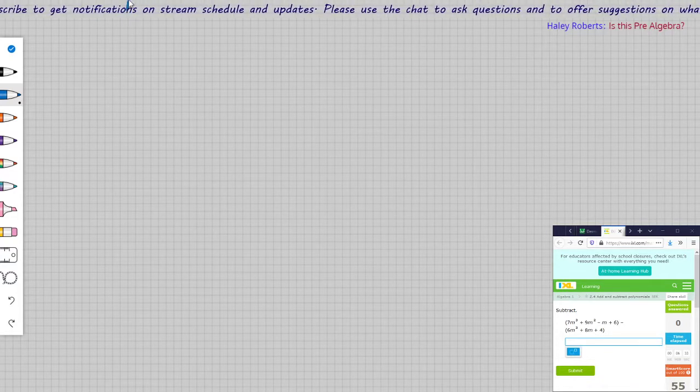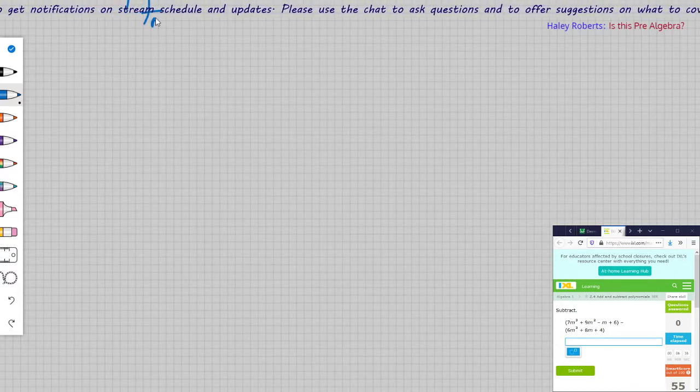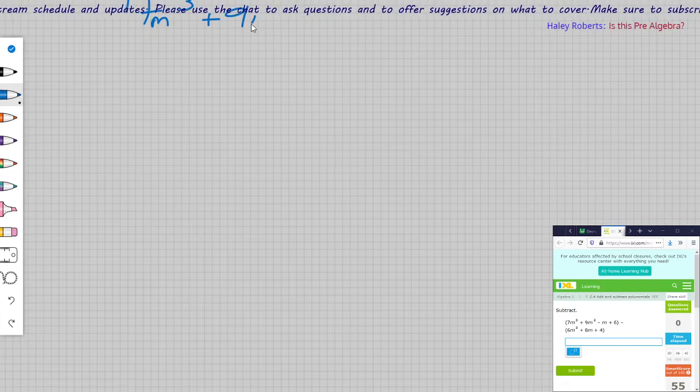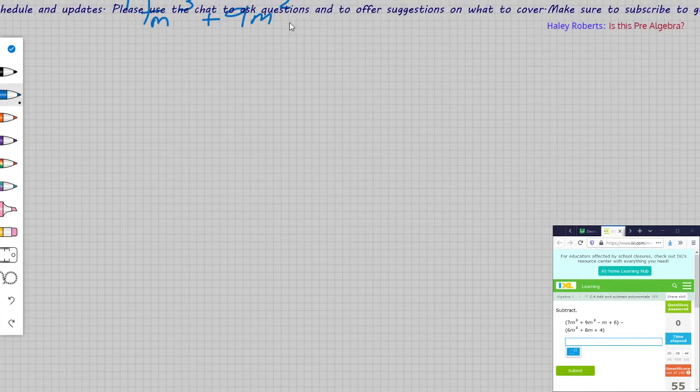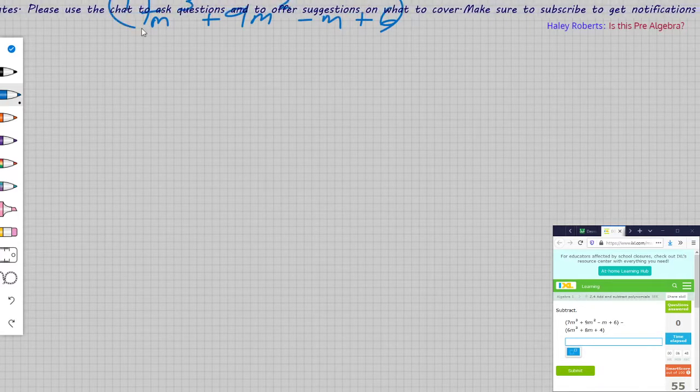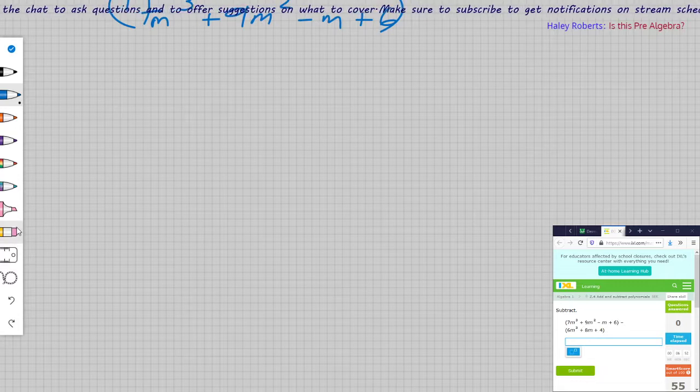So we're going to have 7m cubed plus 9m squared minus m plus 6. It would help if you could see that.